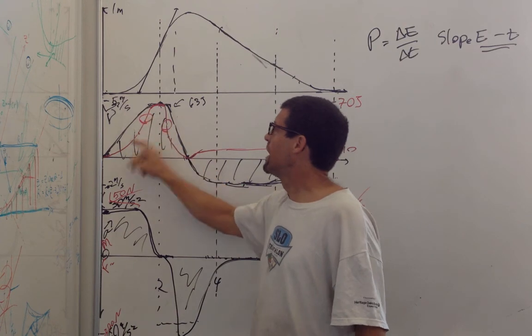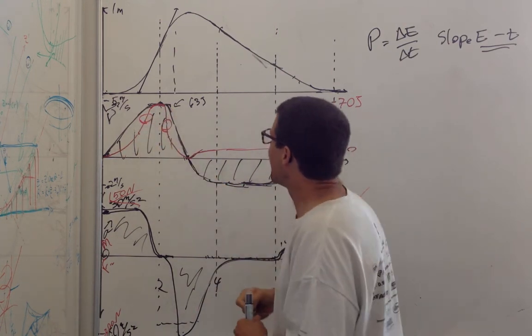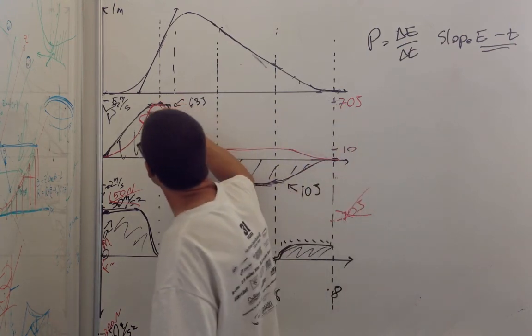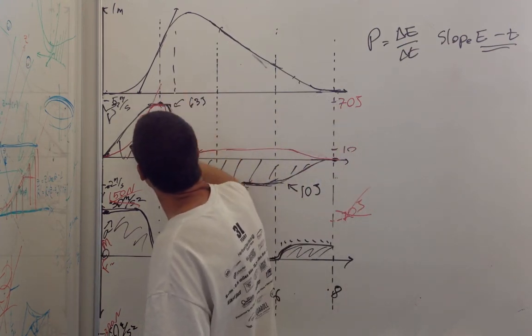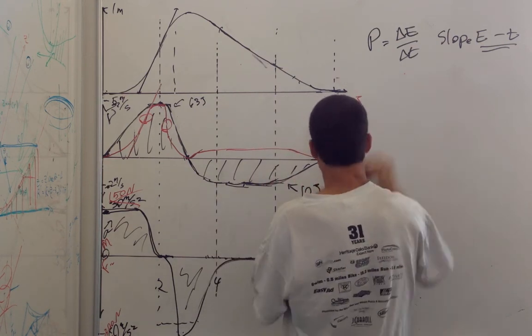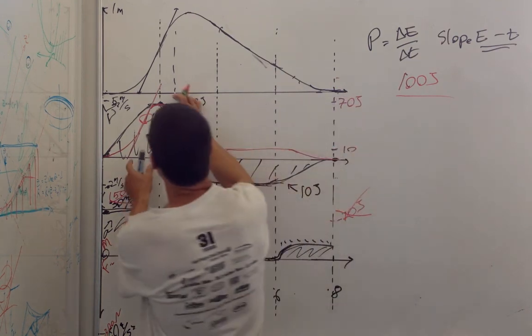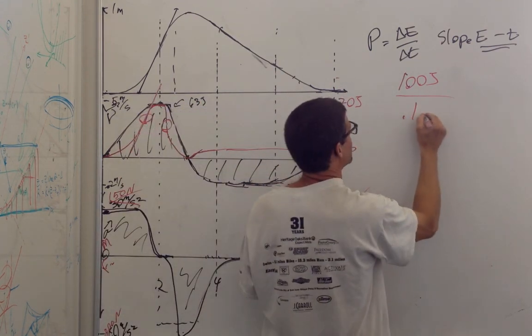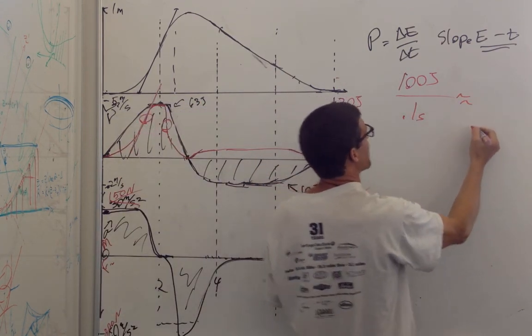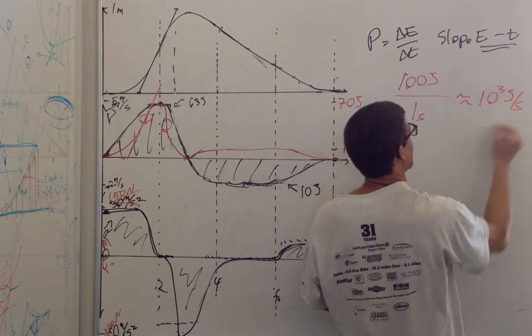This slope, increasing the kinetic energy, is certainly provided by a motor, and so we can make an estimate of this slope and see that I'm increasing by about 100 joules over a time period of about 0.1 second. And so it looks like it's going to be about a kilowatt. 10 to the third joules per second is a kilowatt.